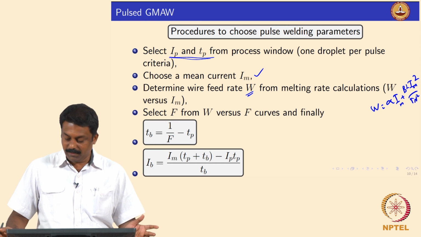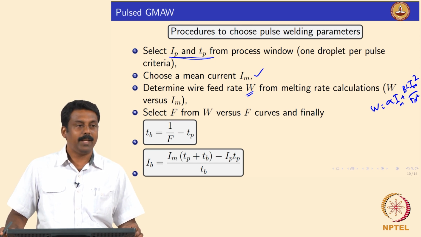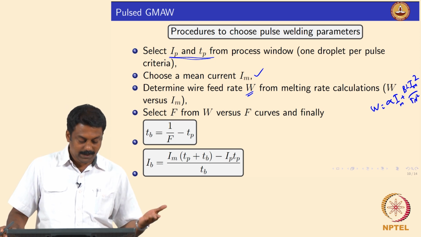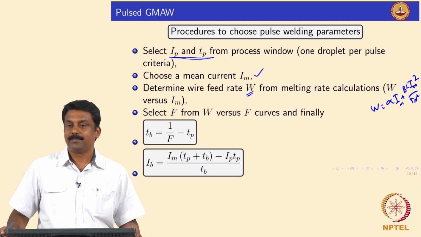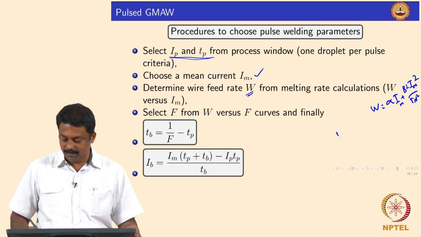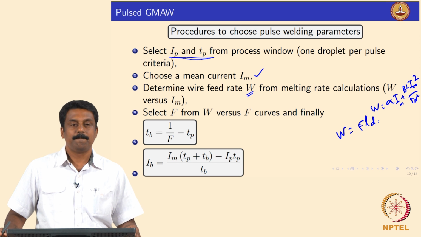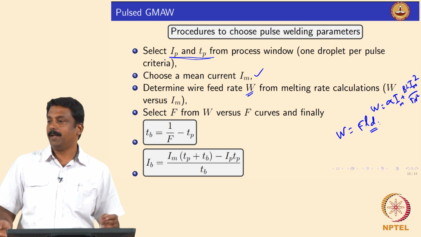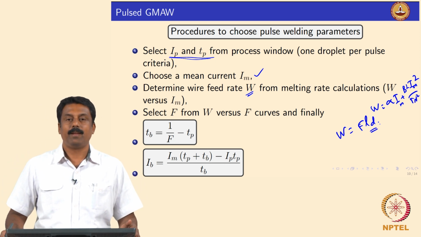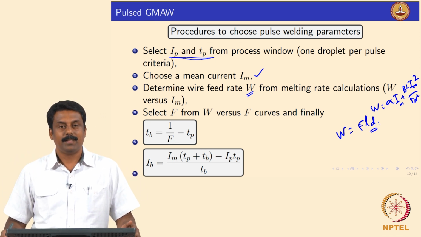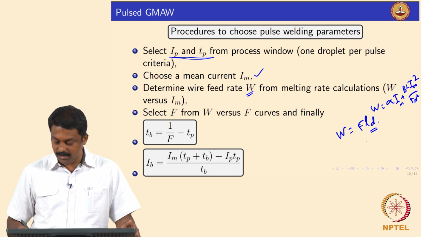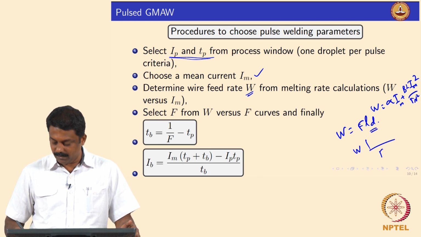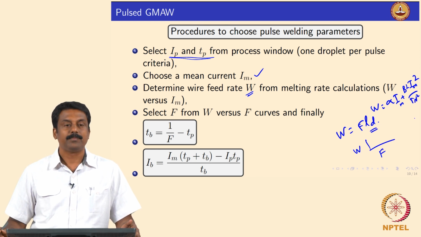Once we know the wire feed rate, we can also calculate the frequency f from it, because what is the relationship between wire feed rate and frequency, isn't it? And the droplet diameter, we can assume it is the wire diameter. Or we can also establish the relationship between the wire feed rate versus frequency, and you can choose.